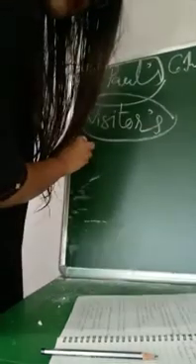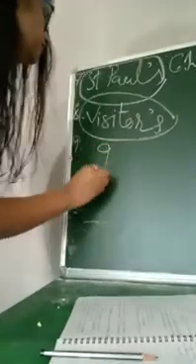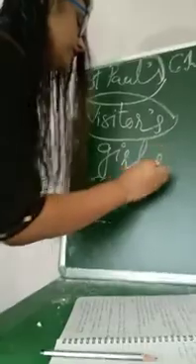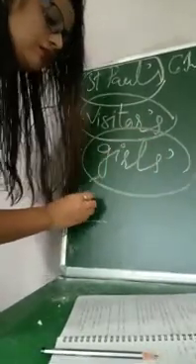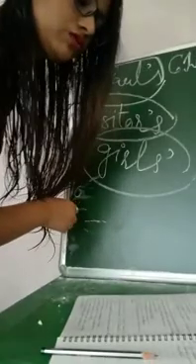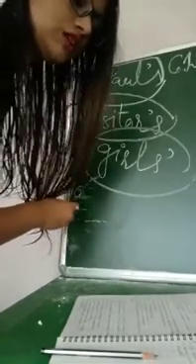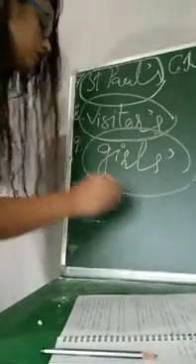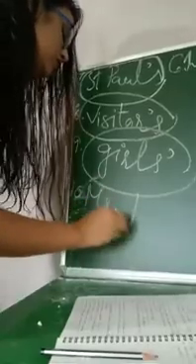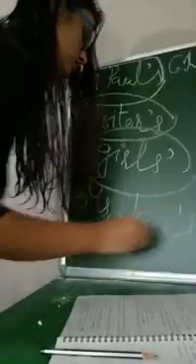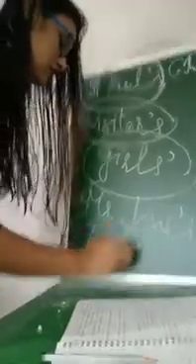Number 9: Miss Jones stays in a girls' hostel. Here the word girls has an apostrophe at the end, so this is a possessive noun. Then number 10: There is a huge room, a neem tree near Mrs. Jones' hostel. So Mrs. Jones' hostel is a possessive noun.